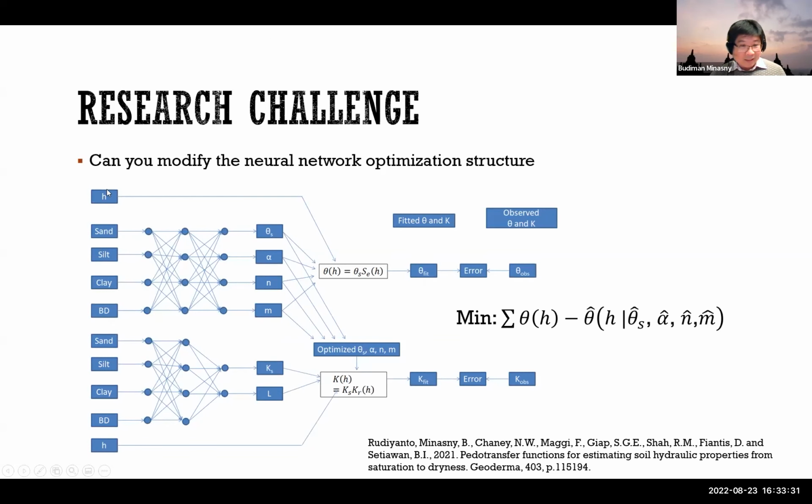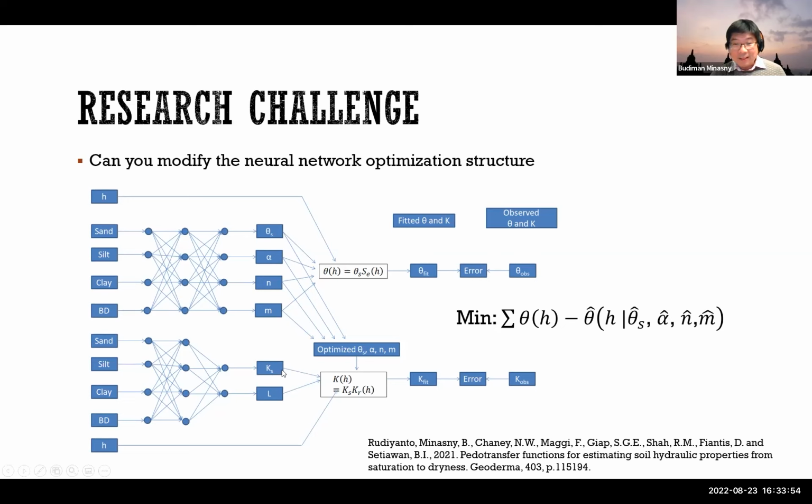So what we did is that these are the predictors, and this is through the neural networks. So this is the predicted parameters, right? From the predicted parameters, we predict the actual measurement values.